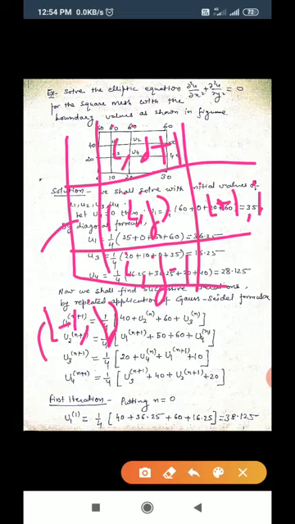So when substituting the corresponding difference approximation for partial derivatives in any given equation, we find the finite difference equation.